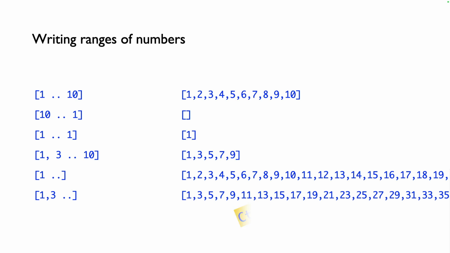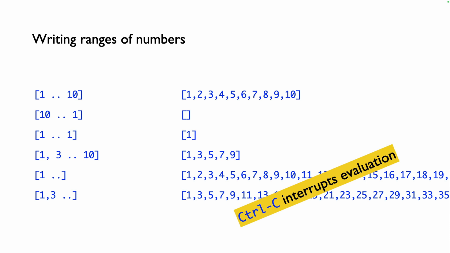So you need to know that if you hit Control C, that's hold down Control and hit C, that will interrupt evaluation, because otherwise GHCi will just continue to give you the list of all the positive integers or all the odd numbers. So we can write ranges of numbers that way. This isn't crucial, but I just wanted to include this information. It's really helpful to be able to do this.